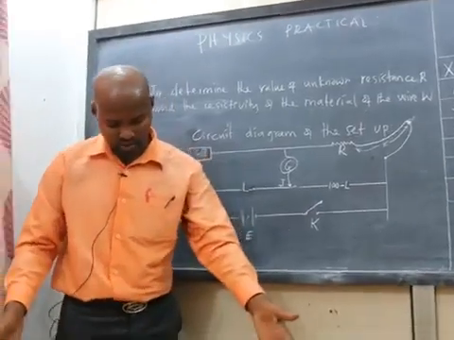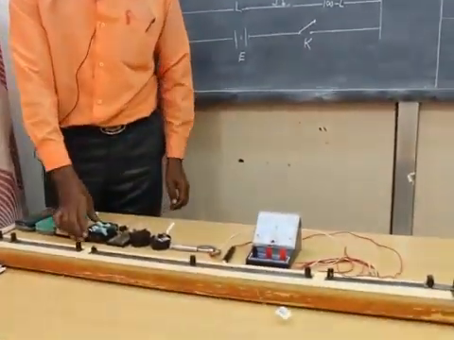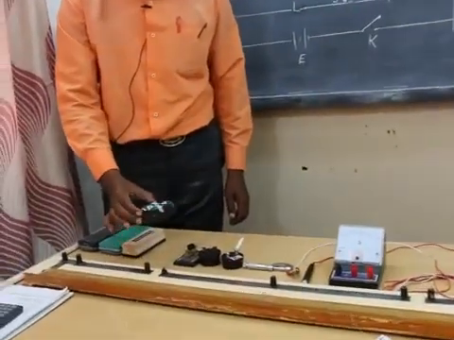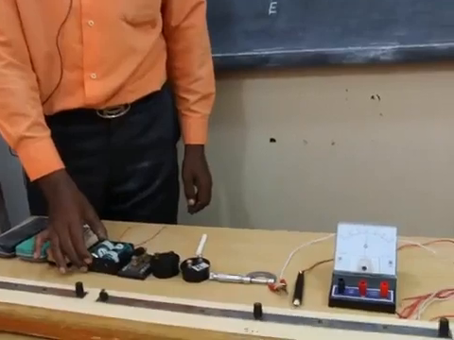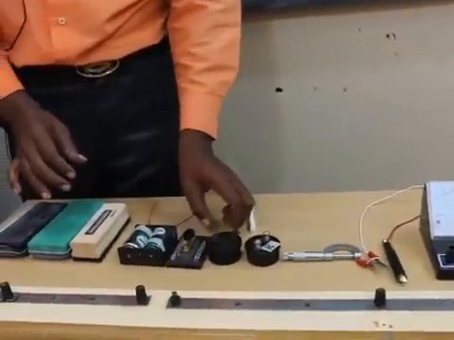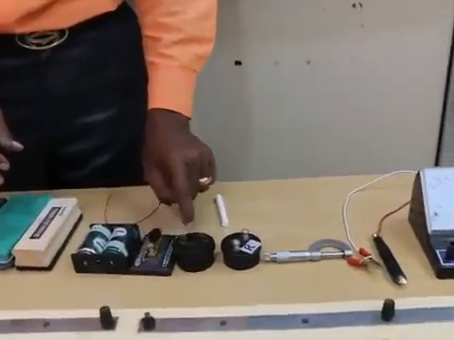And these are the apparatus that we are talking about. This one is 2 dry cells connected in series with this holder. It's a battery holder. And this one is a switch, a switch K. This is a 4 ohm resistor, standard resistor.